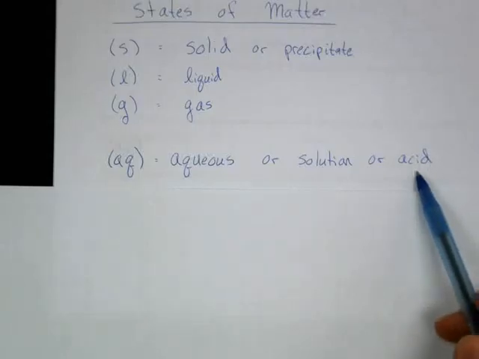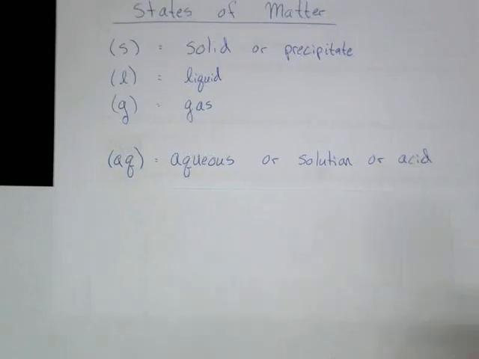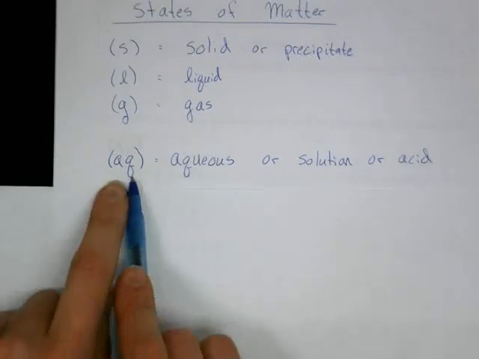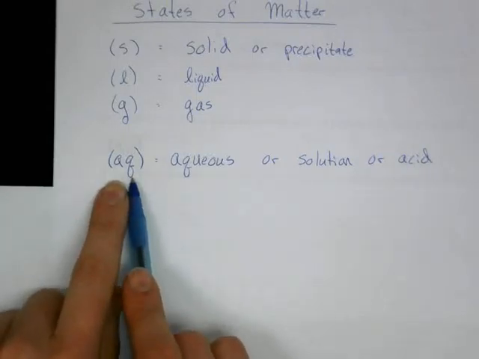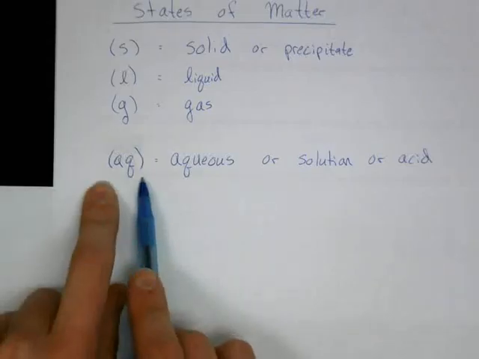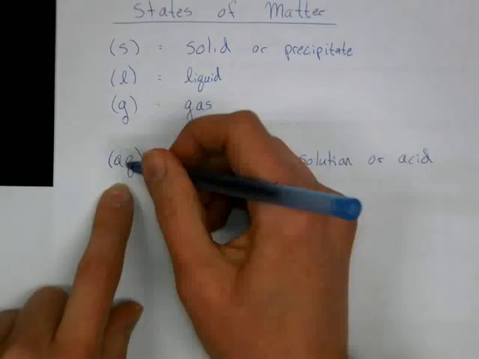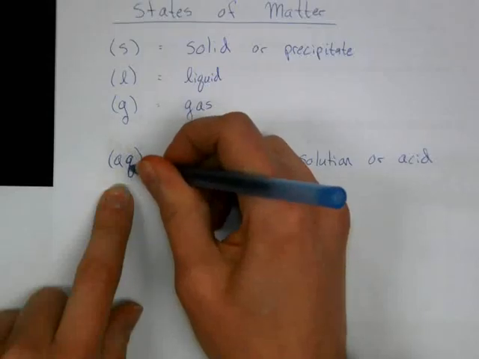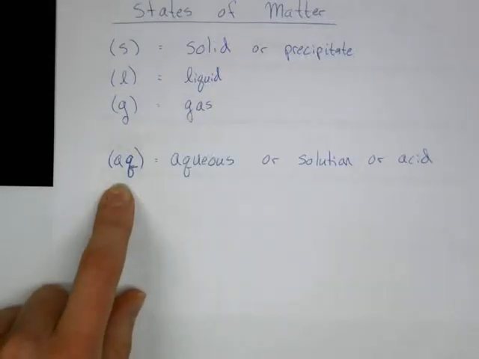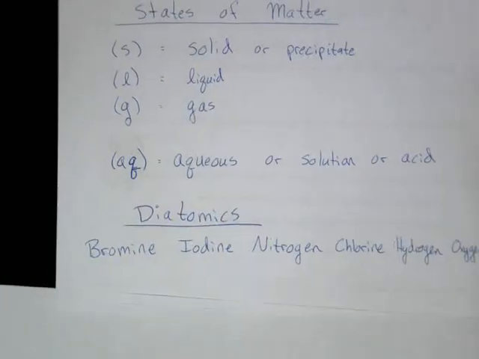Other things that are aqueous are acids. So if you see, for example, hydrochloric acid, then it's going to be aqueous. And so the state of matter that we put is (aq) in parentheses. This little symbol right here is my lowercase cursive q.